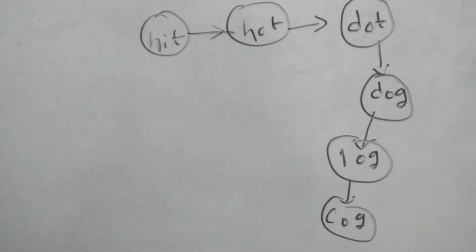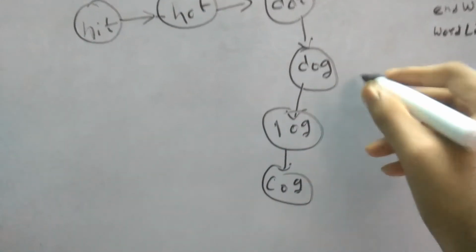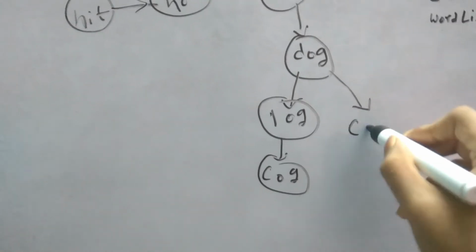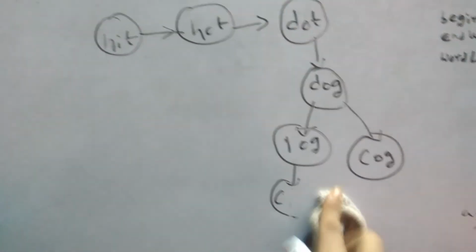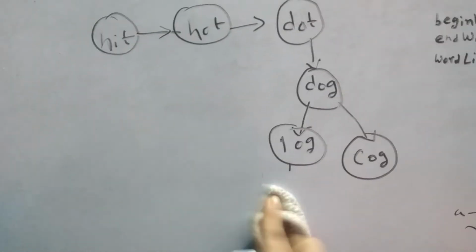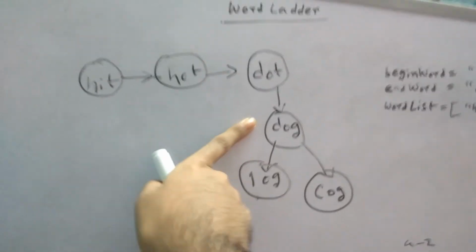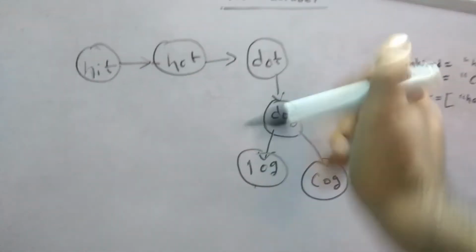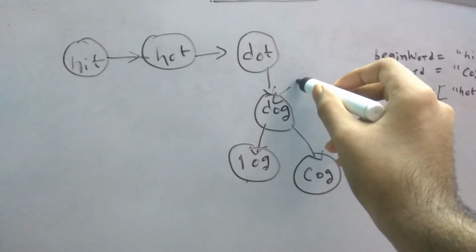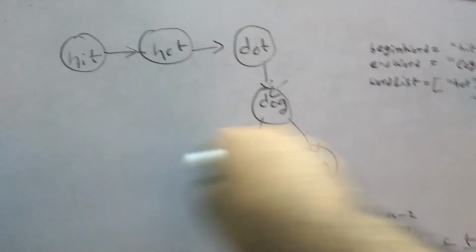So here one thing to notice is that from dog we can actually go to cog also and log also. So here we don't need to make this a separate level. From dog, in that iteration itself, whenever we are changing this position, we first go to cog and we then go to log, so they will be of the same level.